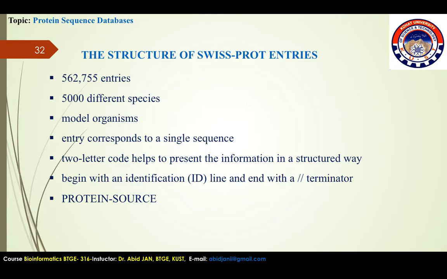ID codes in SwissProt have been designed to be informative and user-friendly. They take the form protein-source, where the protein part of the code is an abbreviation that denotes the type of protein, and source indicates the organism name.